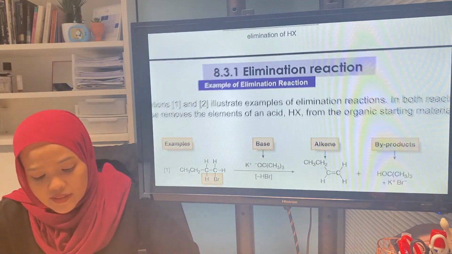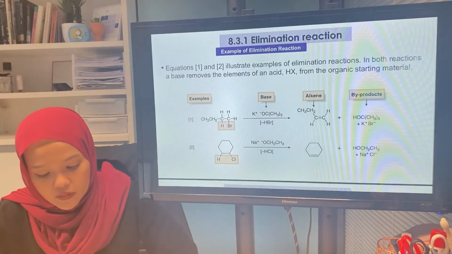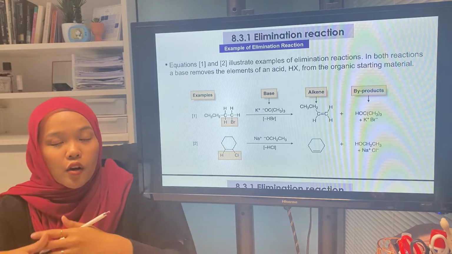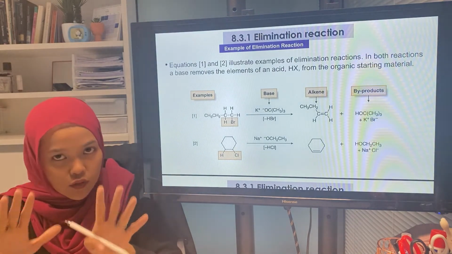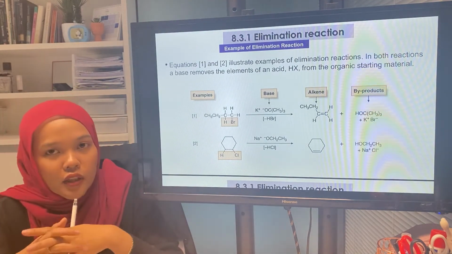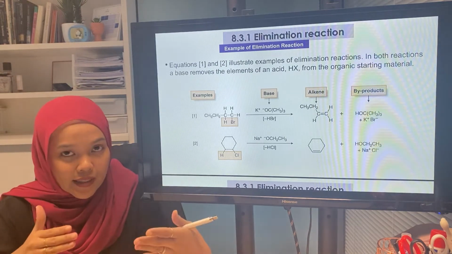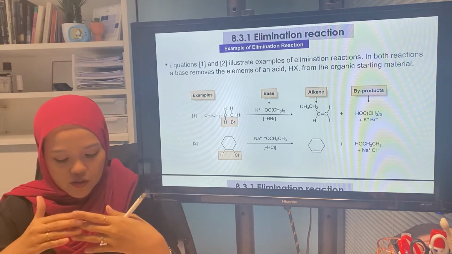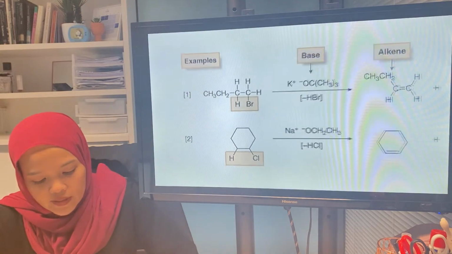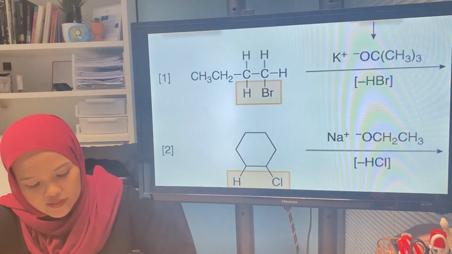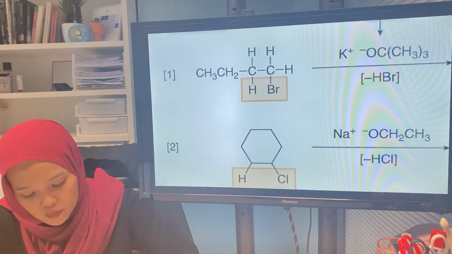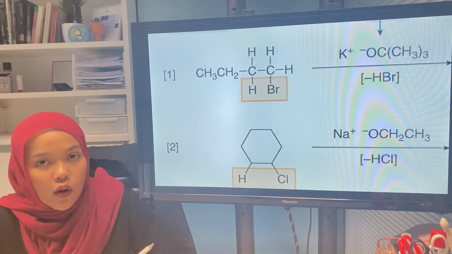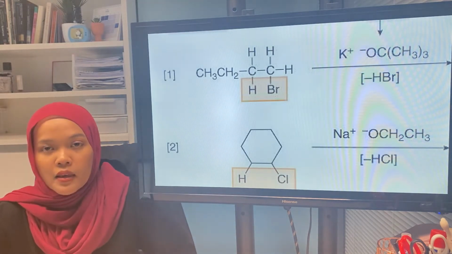Now, let us have a look at an example of elimination reaction. Of course, we don't want to rush into the mechanism yet, so let us look at how you predict the product of elimination reactions. This is the alkyl halide, 1-bromobutane.